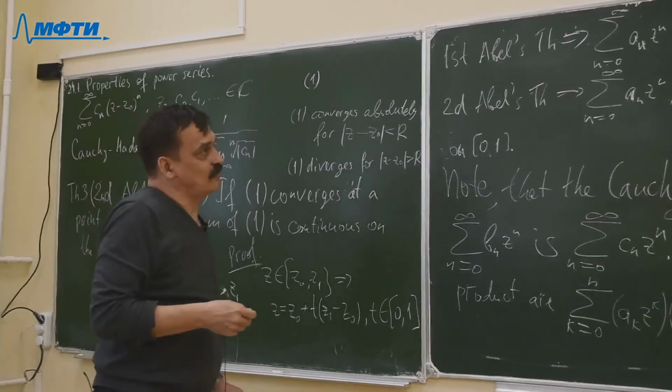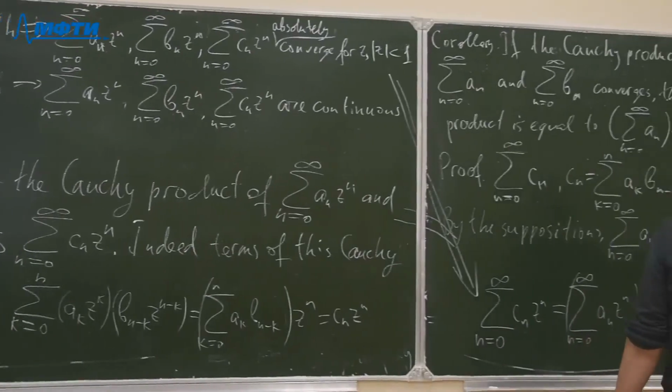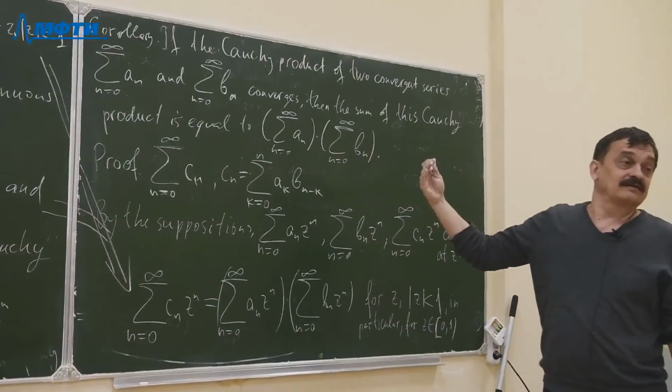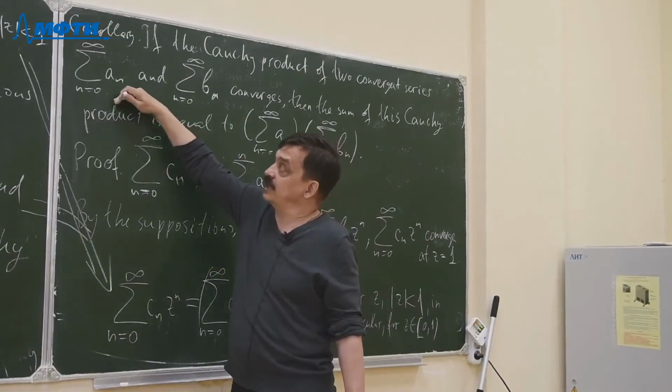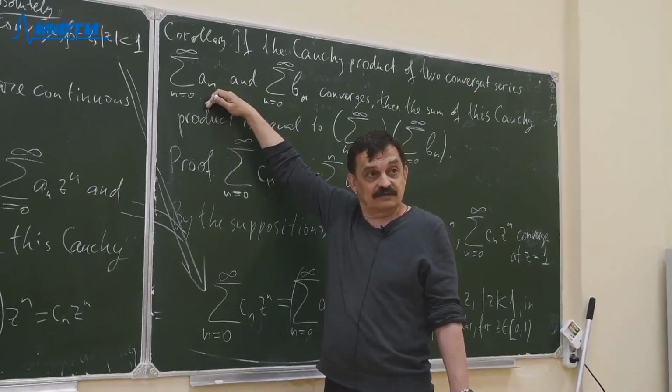This corollary is also important for summability theory. It gives a summation method. If we want to sum up a divergent series, how can we proceed?